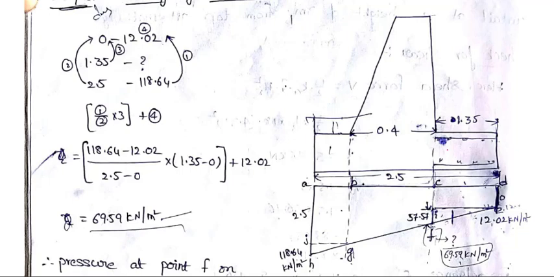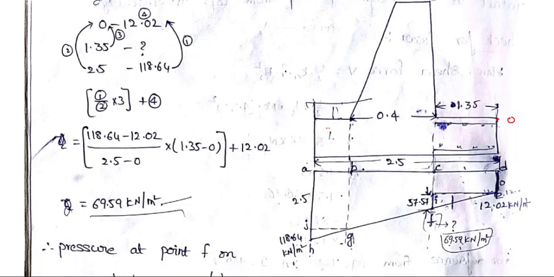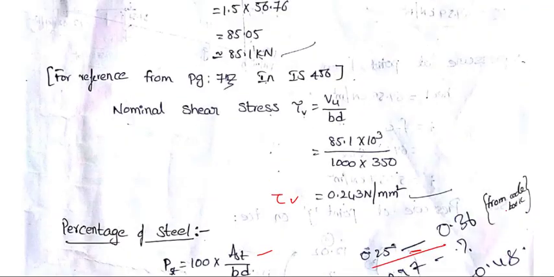So let's say this is your limit. Here 0 is starting, the 1.35, 0.4. Next this one is 0.75. So already we have found out maximum pressure and minimum pressure. What is the maximum pressure? 118.64 kilonewton per meter square. What is the minimum pressure? 12.02 kilonewton per meter square.